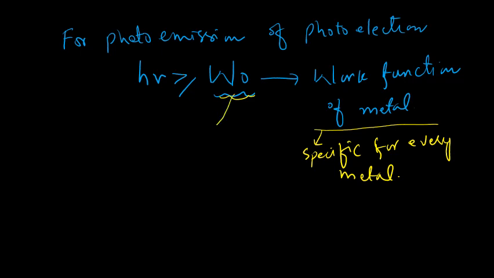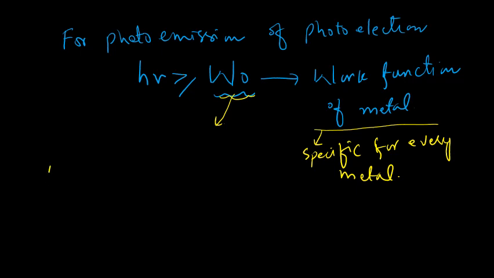So the work function is the work done to overcome the attractive forces of the metal which bind the electron, and the remaining energy will be converted into the kinetic energy of the emitted electron.